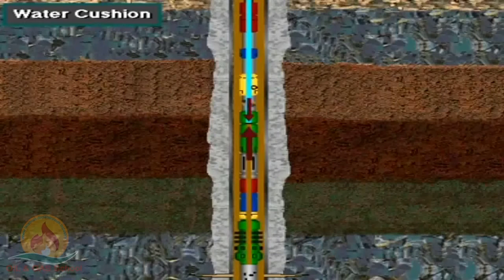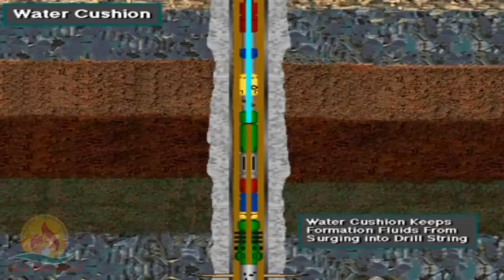The hydrostatic pressure is, however, not enough to keep the formation from flowing into the DST tool. The water cushion is just that, a cushion. It keeps the formation fluids from surging with great force into the tool and the drill string. If allowed to surge, the force could damage the recording instruments in the tool and the formation rock.